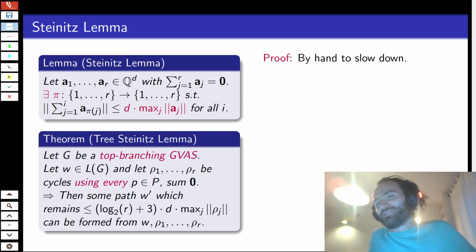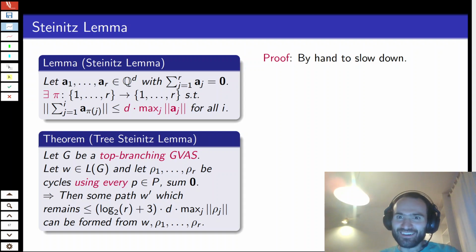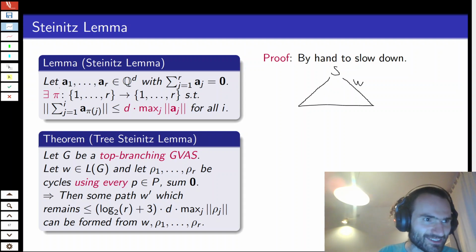Okay, so let's explain this. Actually, I want to draw this by hand because it's just nicer this way. So how does this work? How are we going to produce this W prime? Well, let's assume we start here with S. And well, let's do the obvious thing. Let's just write W. W is in the language, so there is some derivation tree for W. So now, actually this also needs to use every production.